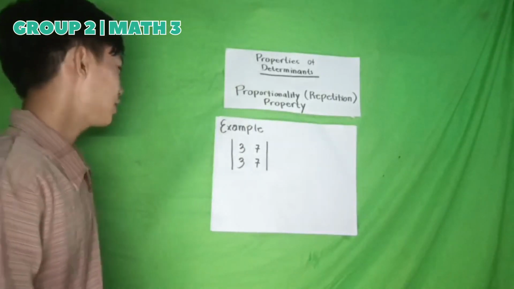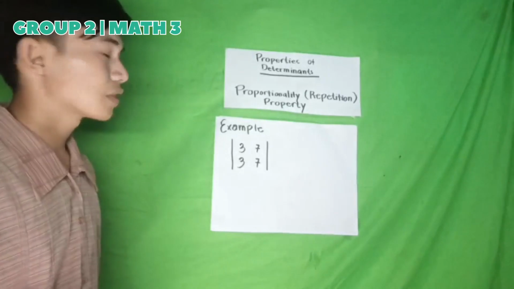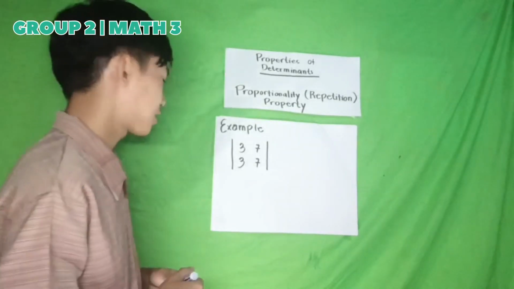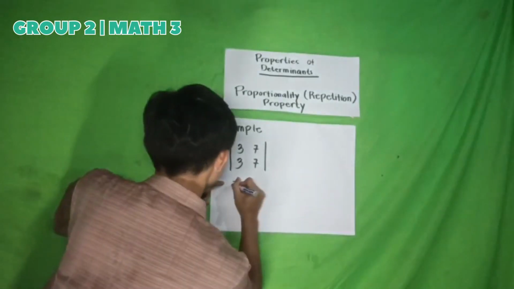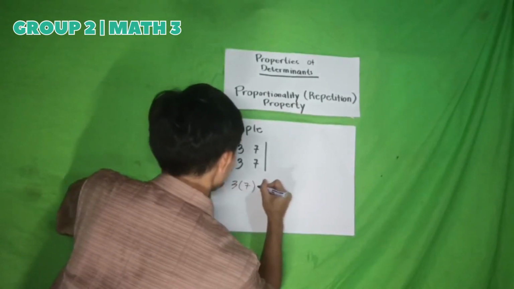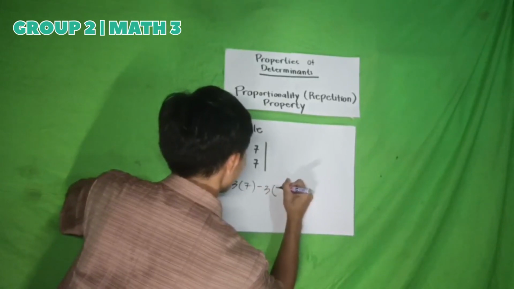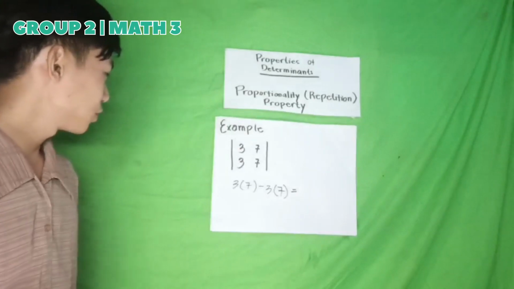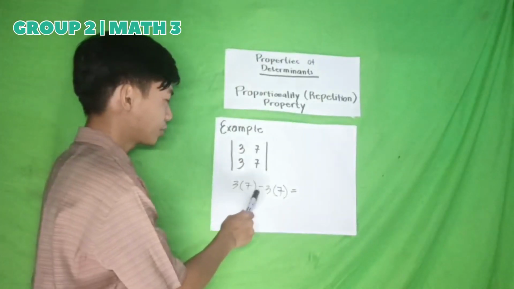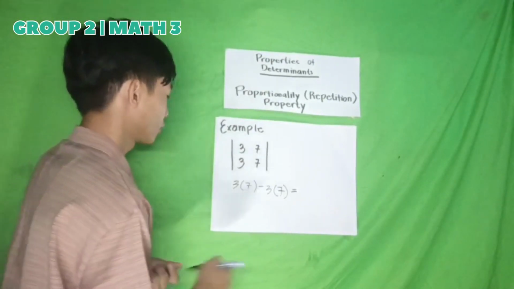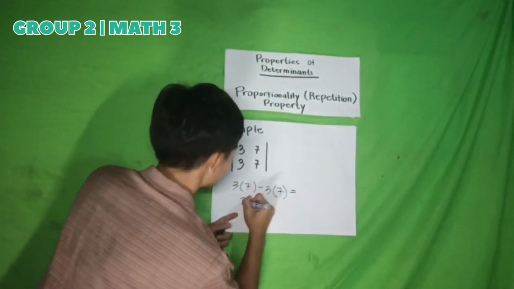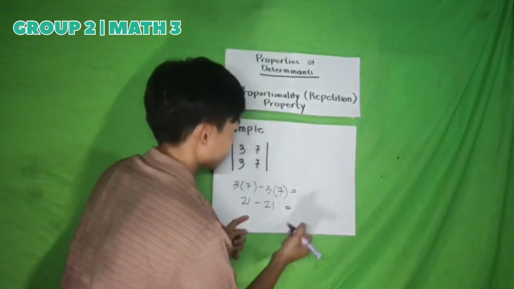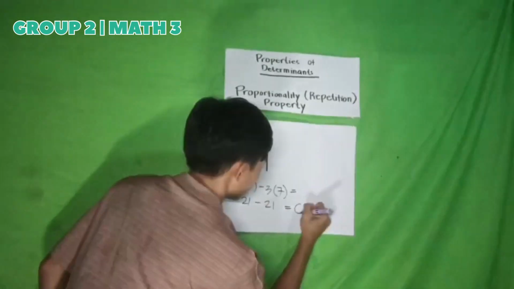Okay, then let's check if it equates to 0. So let's solve. 3 times 7 minus 3 times 7 equals 21 minus 21, which is equal to 0.